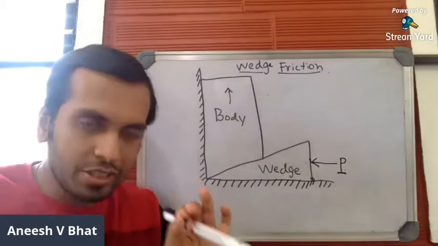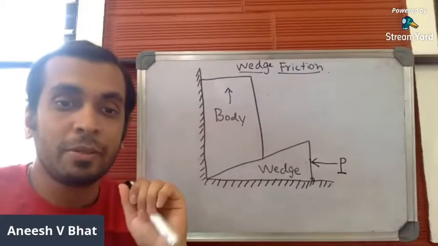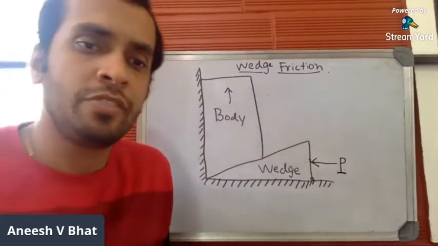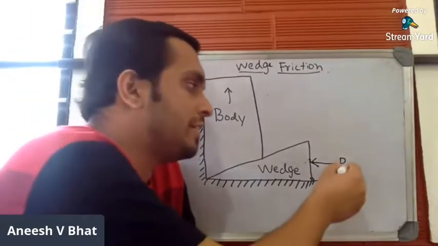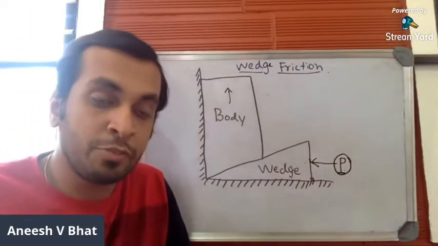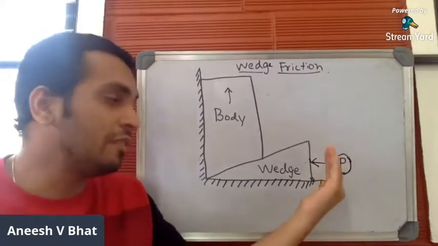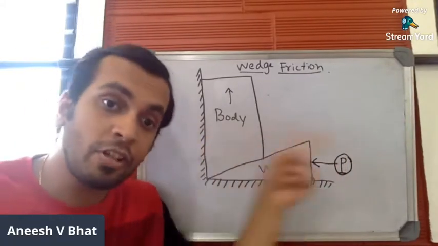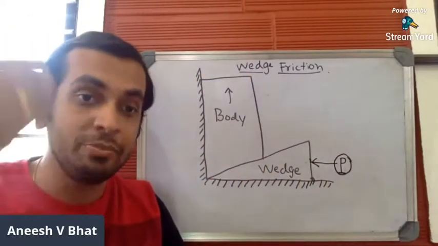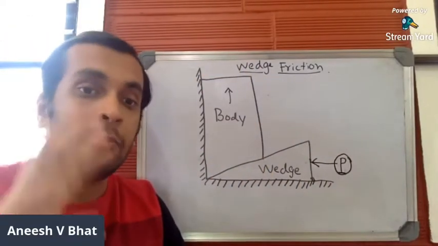Now let us discuss the problems related to wedge friction. In all the problems related to wedge friction, you will be asked to find the value of this external force P, which is required to push the wedge either horizontally to the left or horizontally to the right, so that the body is lifted vertically upwards.